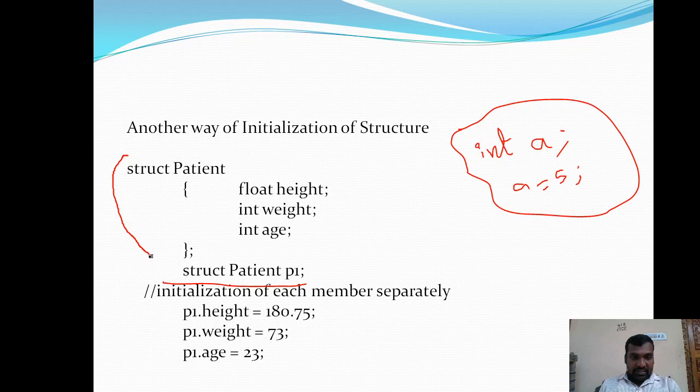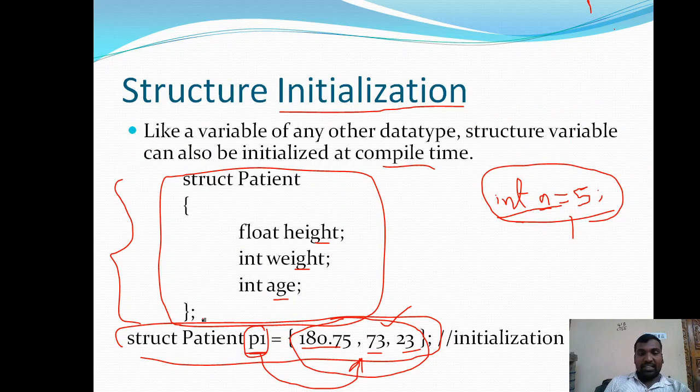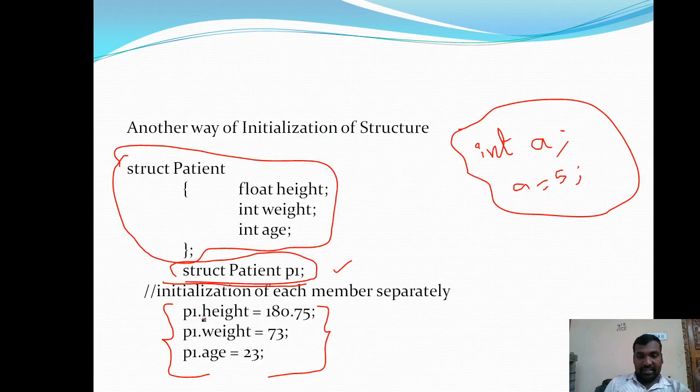Here this is the definition of structure. After the definition I am declaring the structure variable, and after declaration I am individually assigning the values of each member of the structure variable patient. Okay, in both the cases both are assigning the same values, but the difference is that at the time of declaration here we are not assigning, after the declaration we are assigning the individual members of the structure.